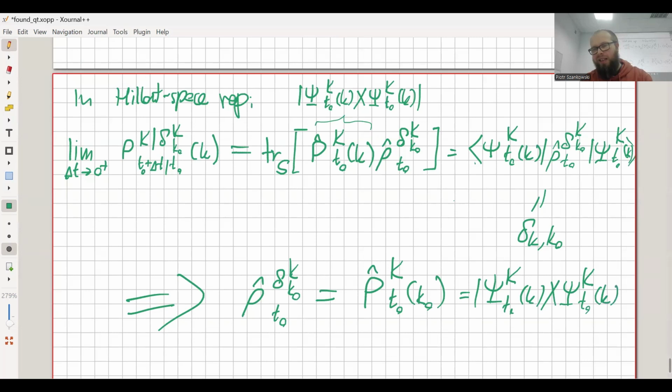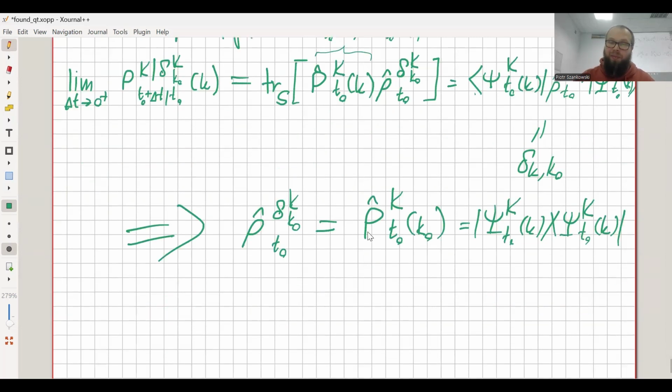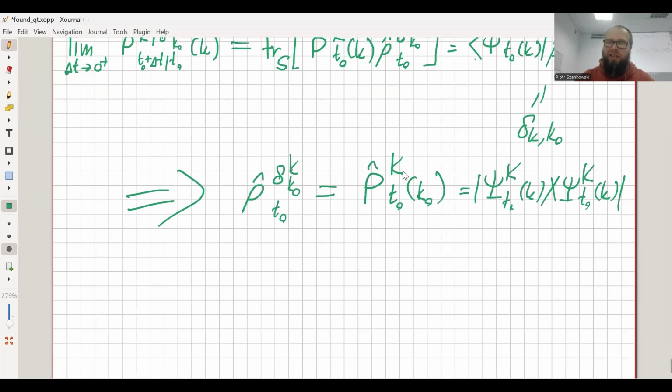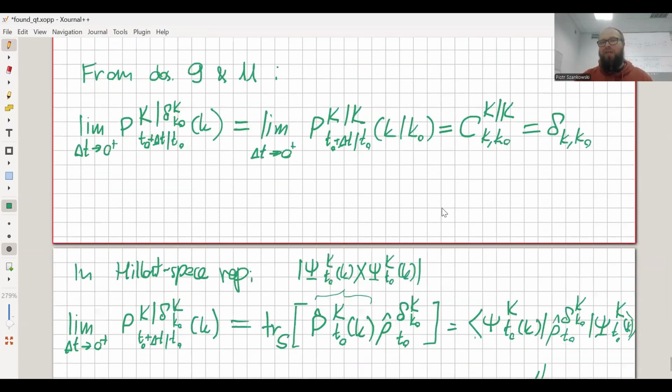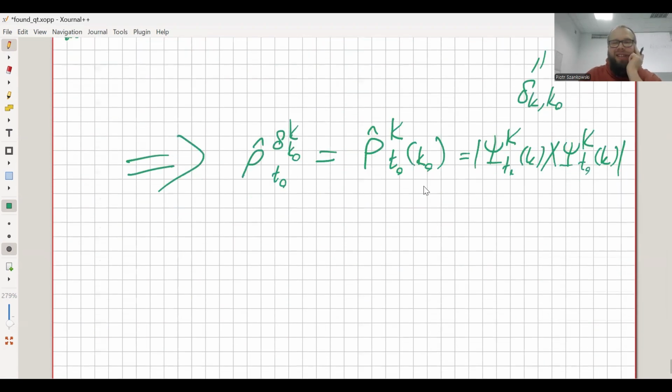Just to underline that this is a projector, the same projector you would use to represent measurement, but the measurement has to be perfectly fine-grained, okay? Because this thing works only for perfectly fine-grained devices, okay?